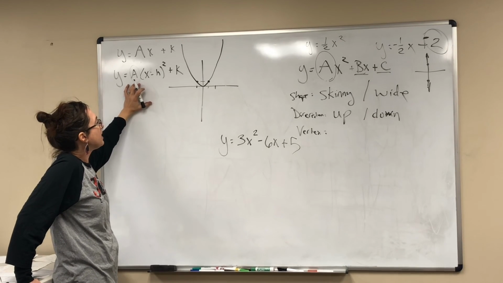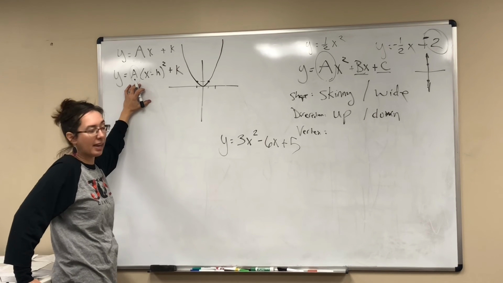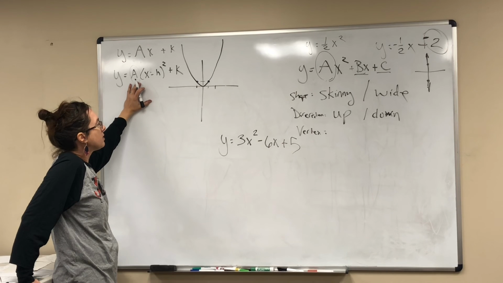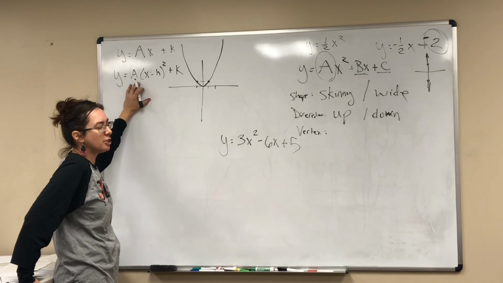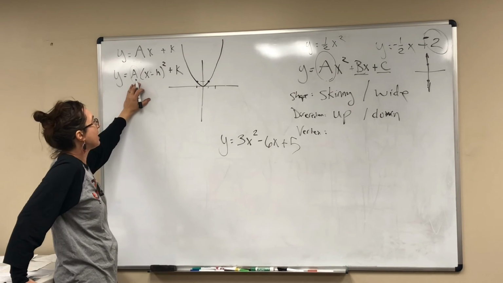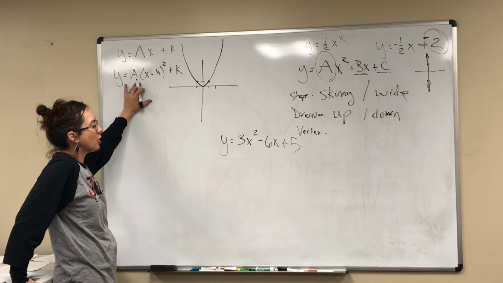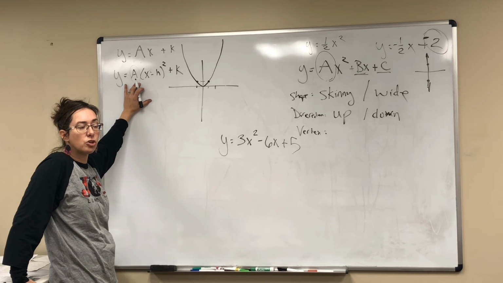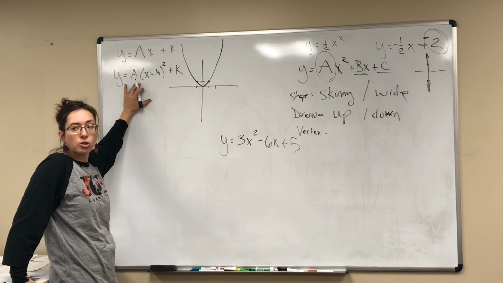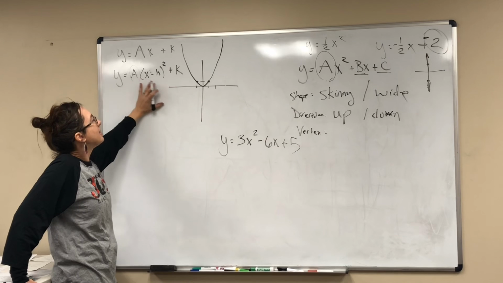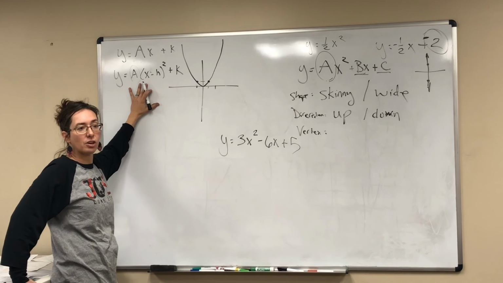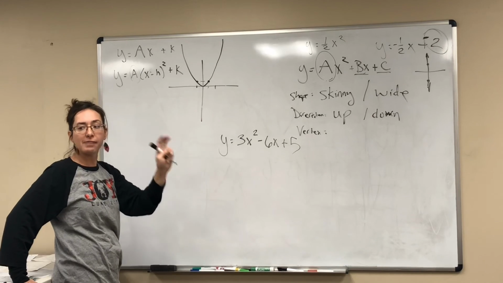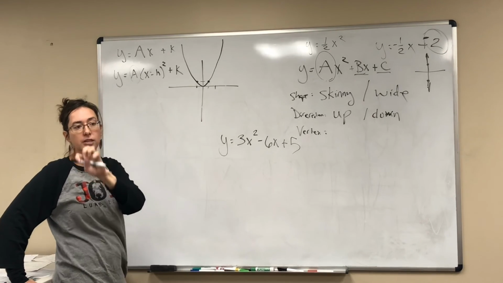Specifically this is what you're going to see on your handout. Also, in your teaching textbooks and on the different handouts that I give you, they will put it in this form. My personal preference, because as we move into ellipses and circles and hyperbolas they have their y and their k together, and that just makes more sense to me, is to keep your y values together and keep your x values together.